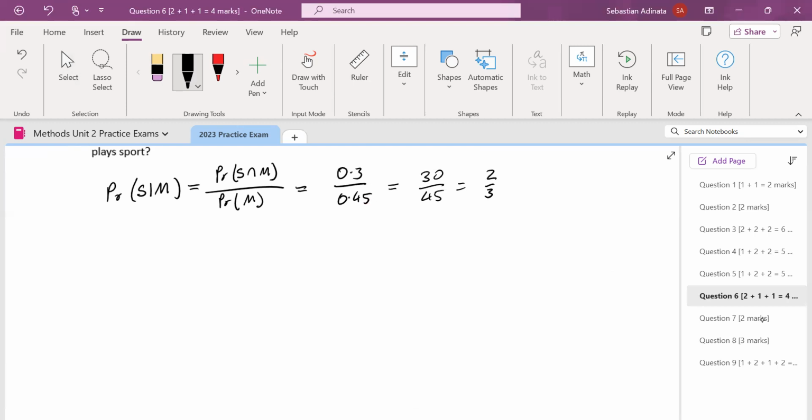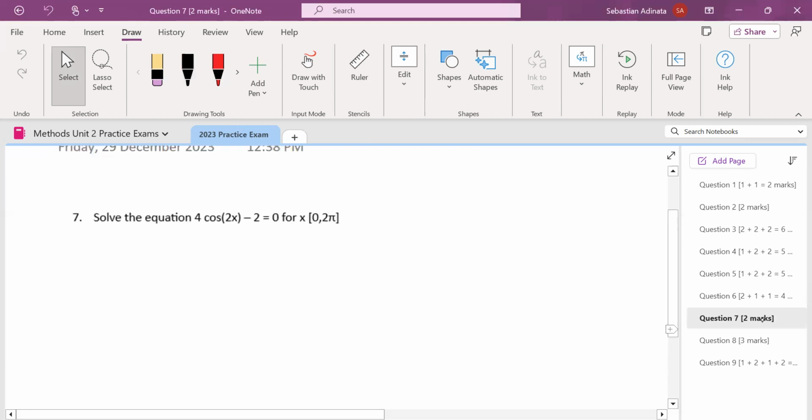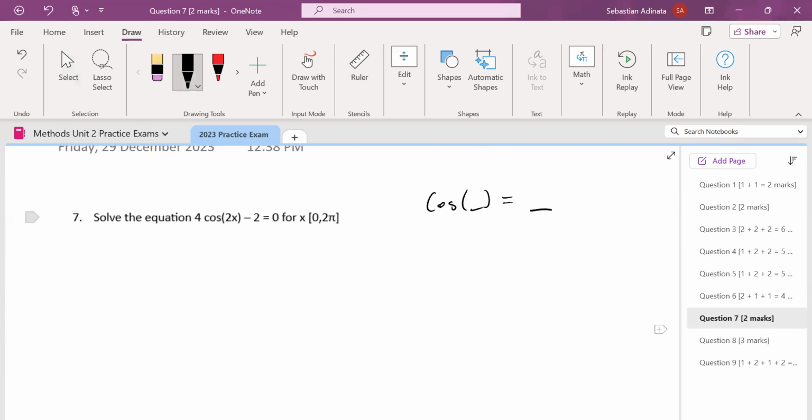Cool. Question 7. Solve the equation 4 cos 2x minus 2 equals 0 for x an element of 0 to 2 pi. Alrighty. So, before we get into anything, we want to put this into the form cos something equals something, rather than this messy situation.